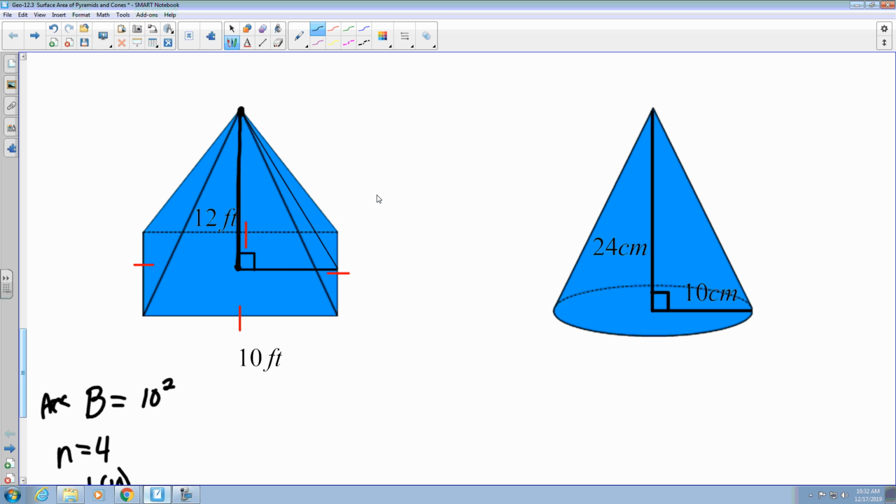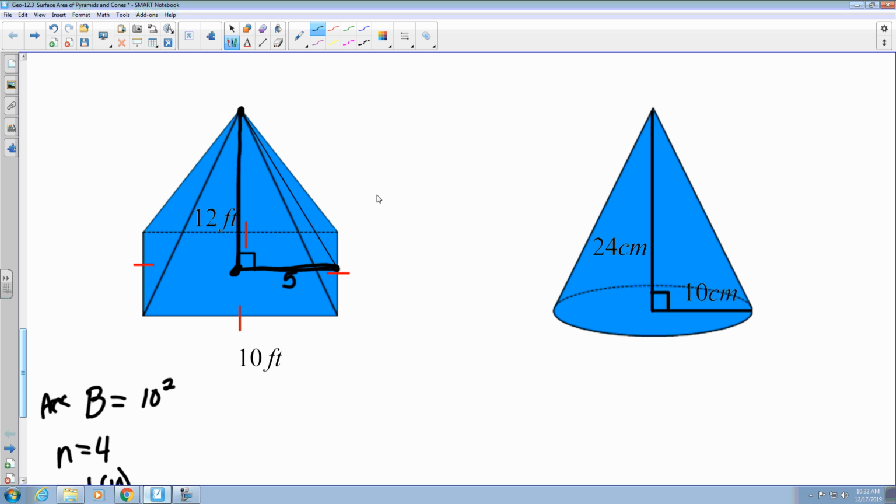To find the height, I actually have to find the slant height. In order to find the slant height, we have a right triangle right here, which means we can use the Pythagorean theorem to solve it. The distance from here to here is going to be 5 because it's half the distance of our square.